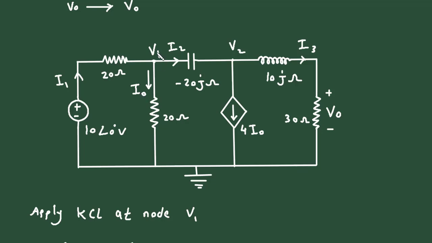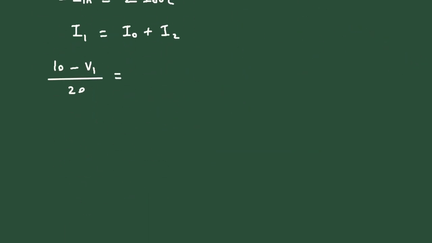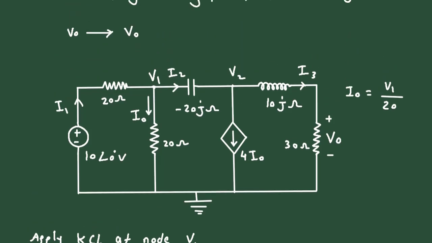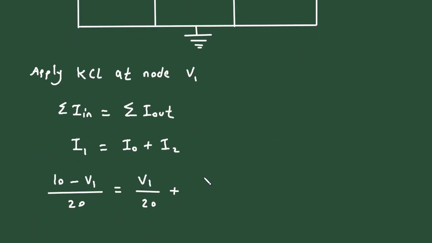So this Io is (V1 minus 0) divided by 20. So simply V1 by 20 plus I2. Now this I2 is (V1 minus V2) divided by minus 20j.